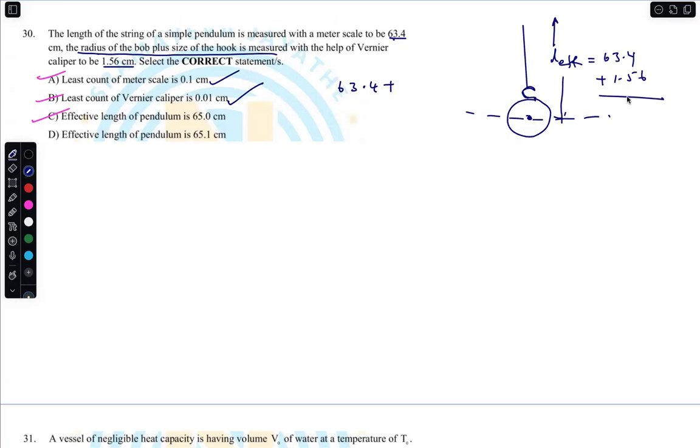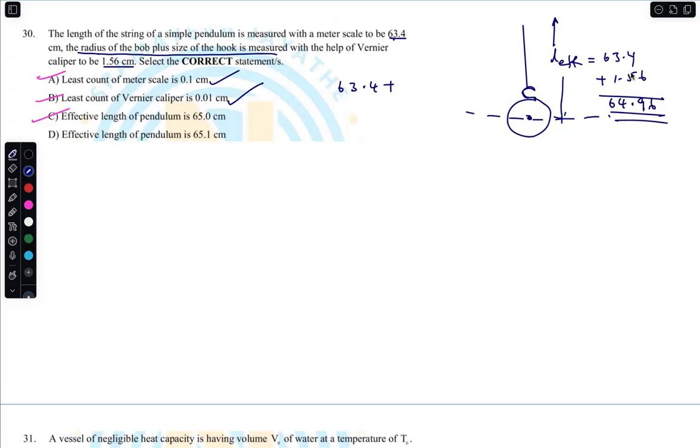1.56 centimeters, 63.4. Now if you take the sum, see, A you will do correct, B you will do correct. You may leave C because you will feel that the answer is different. Remember, significant figures work here.